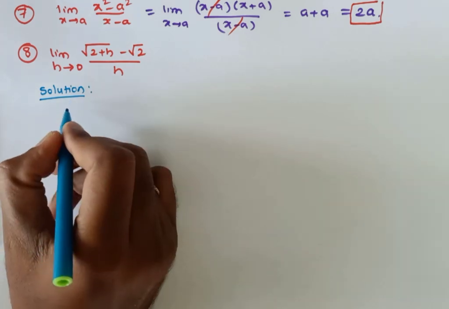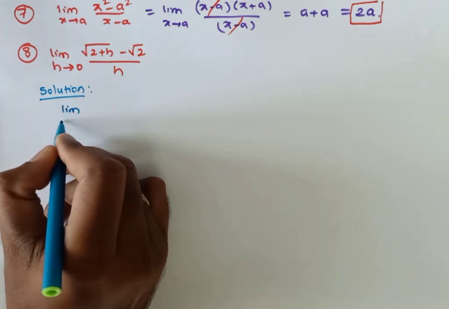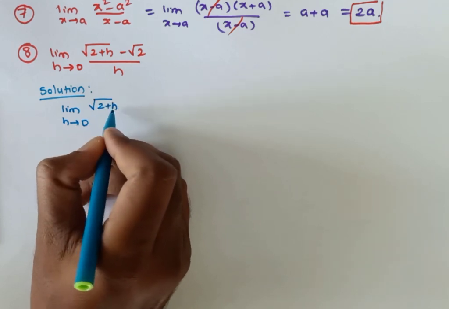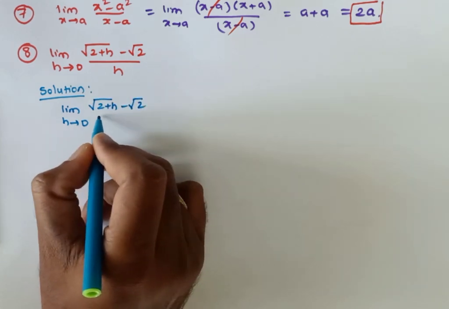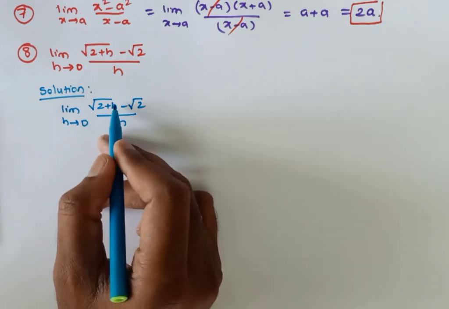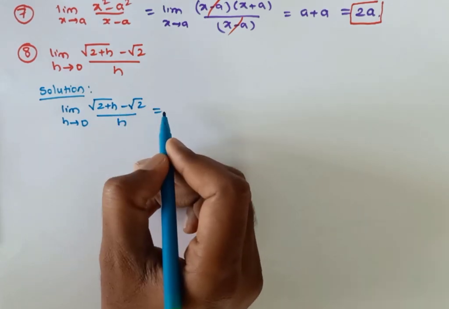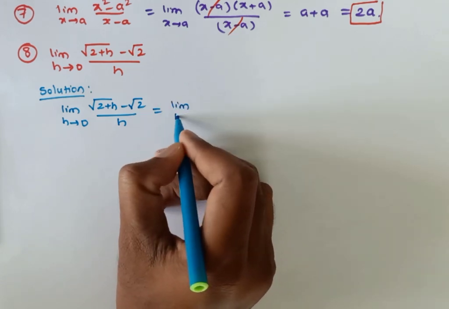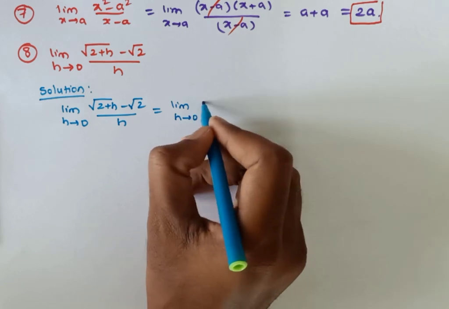So the given limit is limit h tends to 0 of (root of 2 plus h minus root 2) divided by h, right? Now if we substitute 0, then it will be 0 by 0 indeterminate form. So we need to create a common factor for this.